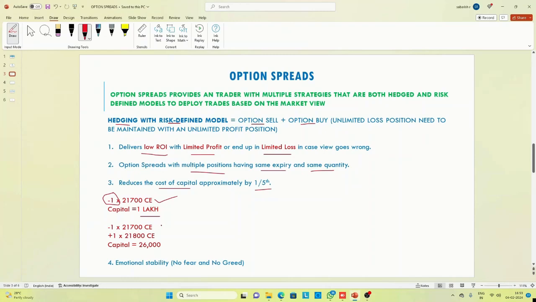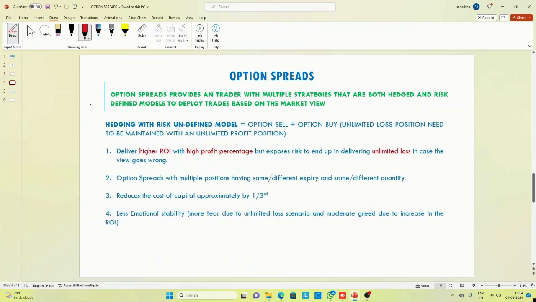But if in case you do a hedging where you sell 21,700 call option and then you hedge that with a buy, so you buy 21,800 call option, then the cost of capital reduces to 26,000. The last advantage is there is more emotional stability in terms of fear and greed because of limited profit or limited loss.